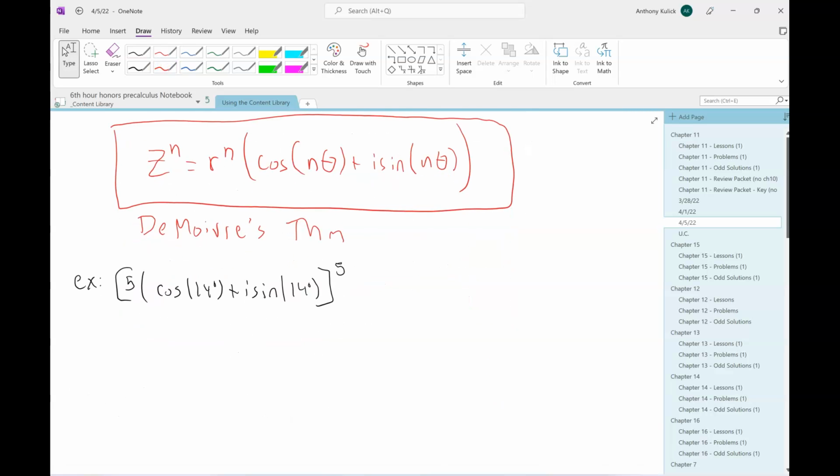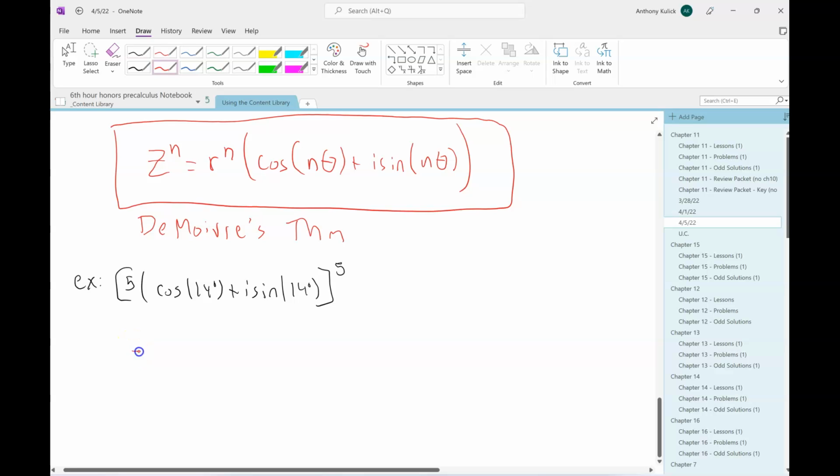So let's say we have 5 cosine 14 plus i sine 14, all to the 5th power. What do we do there?